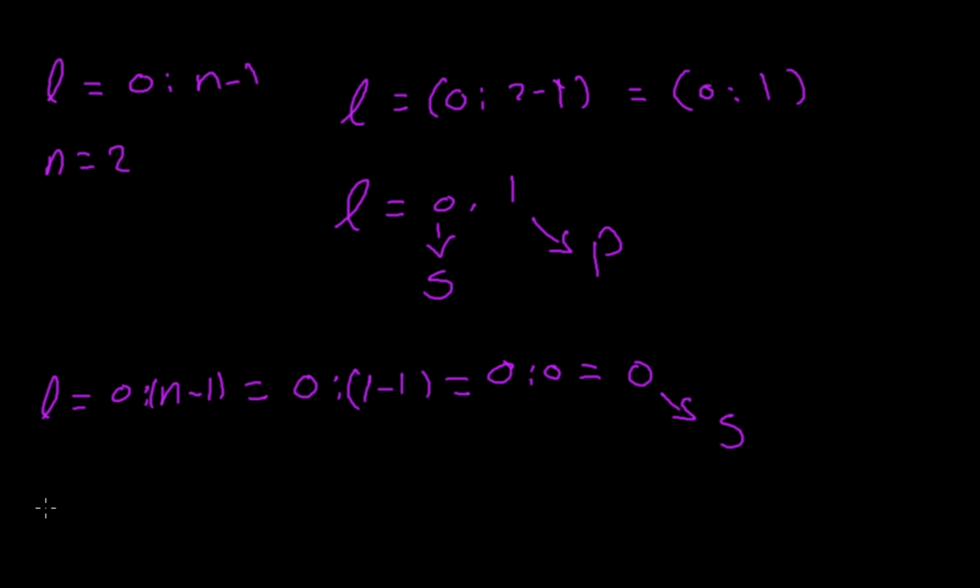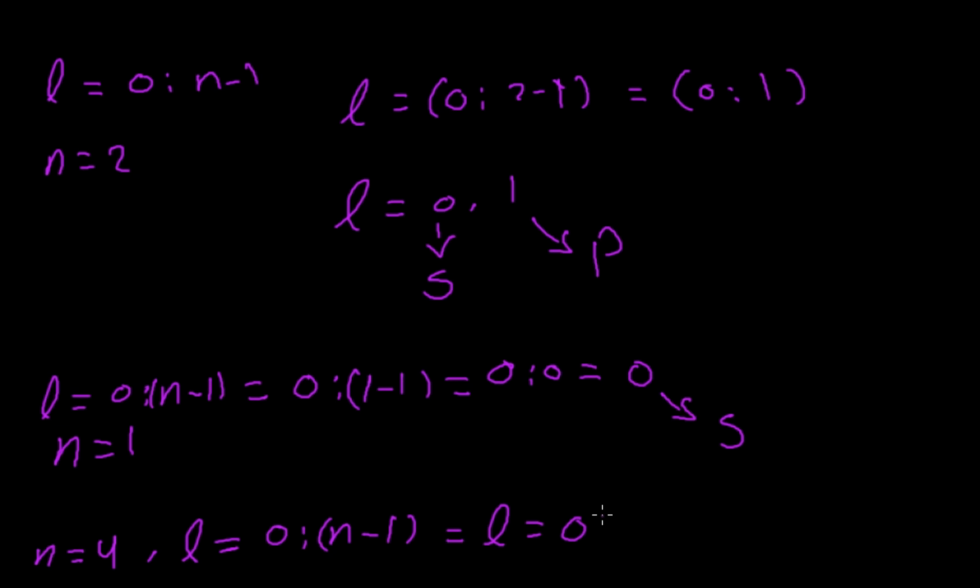What if you are in the fourth energy level? When n is equal to 4, then L is equal to 0 to n minus 1, so 0 to 4 minus 1.